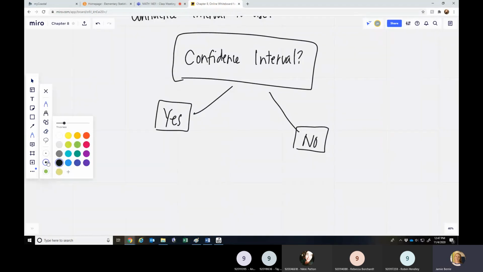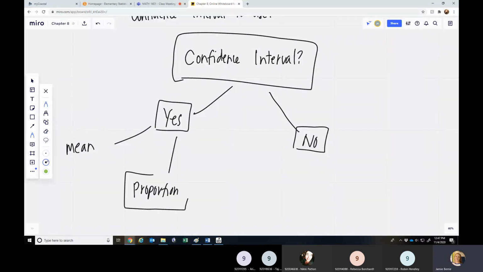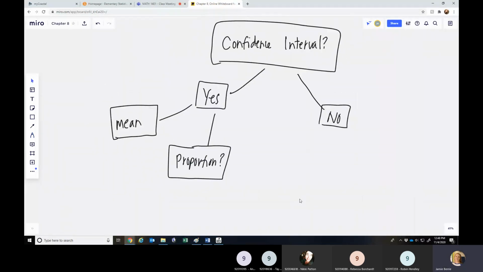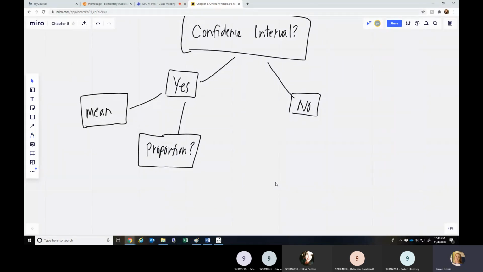Okay, so if yes, then you want to ask yourself: are you dealing with a mean or a proportion? Do you see things like percentages, or do you see things like either a data set or something about the standard deviation? That would indicate that you're dealing with a mean.